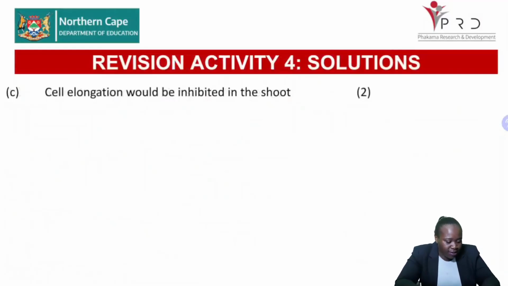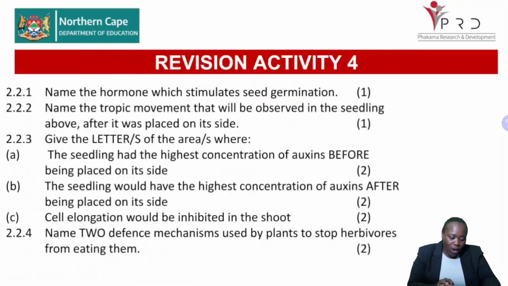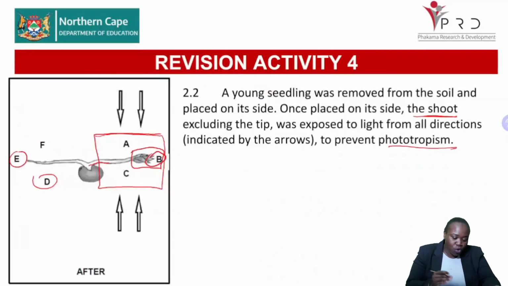Okay, question C, where cell elongation would be inhibited in the shoot. Because there is no light shining there, where would we expect to not see cell elongation?